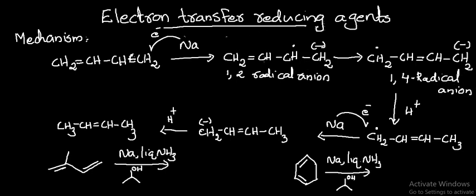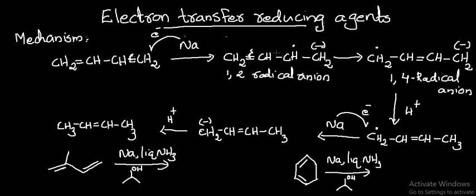How can it attain the 1,4 radical anion? When this double bond undergoes homolysis, one electron will be here, one electron will be here. This one electron and one electron join together to form a bond.